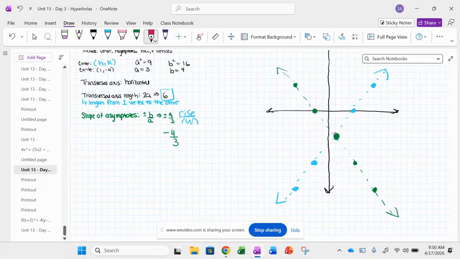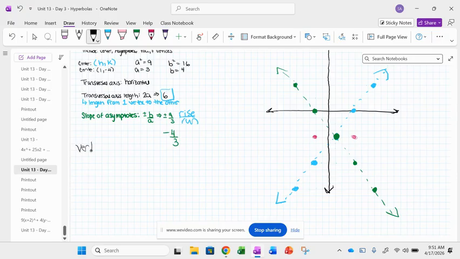So what does that mean for us? From the center, and because it's a horizontal hyperbola, I'm not going to go up or down. So from that center, I'm going to go left 3, 1, 2, 3, and to the right 3, 1, 2, 3. So that's 6 units in total from one vertex to the other, and the halfway point between those two vertices will be the center point. So I've asked for the coordinates of the vertices.